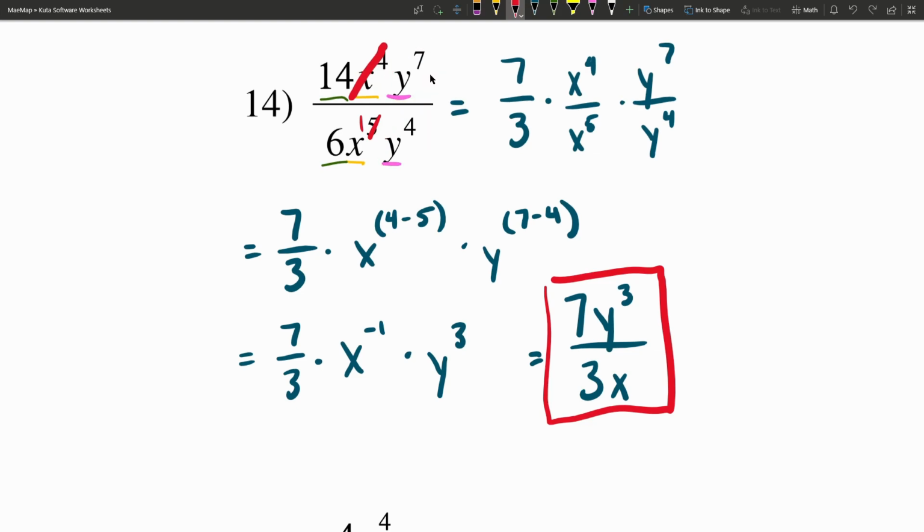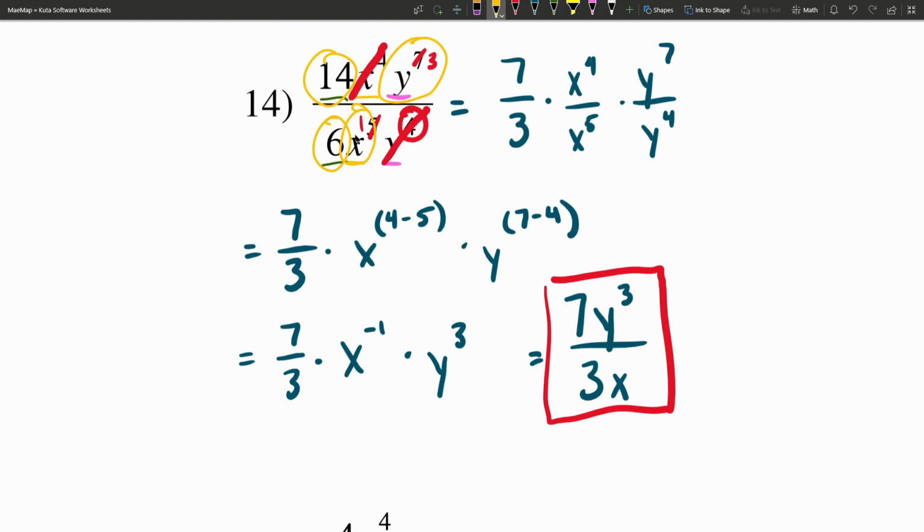So I know that all 4 of my y's in my denominator get canceled out, but that 7 minus the 4, if I cancel out 4 from this with all 4 in my denominator, then I'm only going to have 3 remaining in my numerator. So this 7 subtracting 4 will leave me with 3. And there we have it. 7y to the 3rd over 3x to the 1st, or 3x.